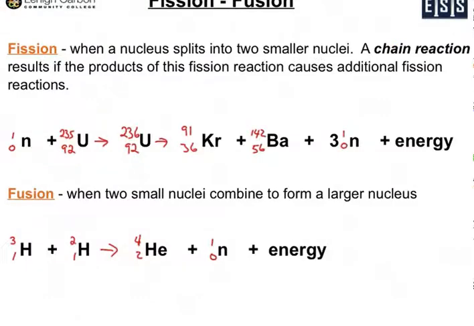So if we look here at fission, a nucleus splits into two smaller nuclei. What we show here is an example using uranium-235, and this is what is occurring in an atomic bomb explosion. You have uranium-235 and you hit it with a neutron. When that happens, you make an unstable uranium-236.